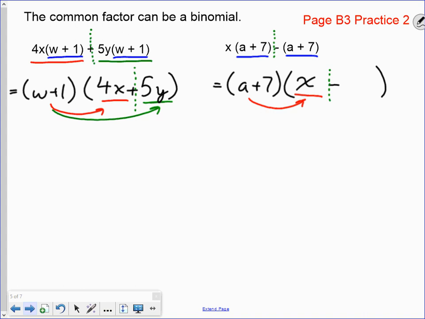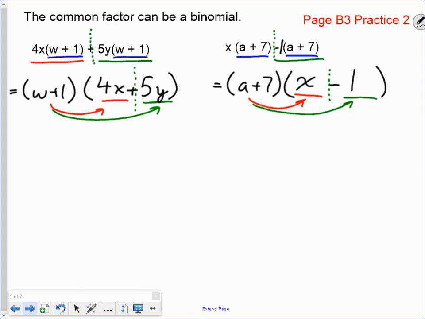For our second term, we have to do a plus 7 times what to give us this negative a plus 7. It looks like we already have everything that we need, but we can think of this as having a negative 1 out in front here. So what we're going to have in here is just the 1.